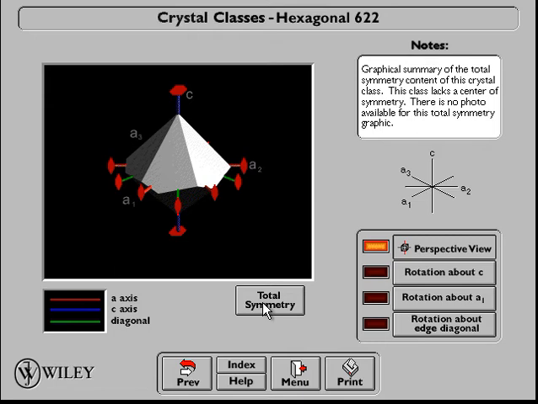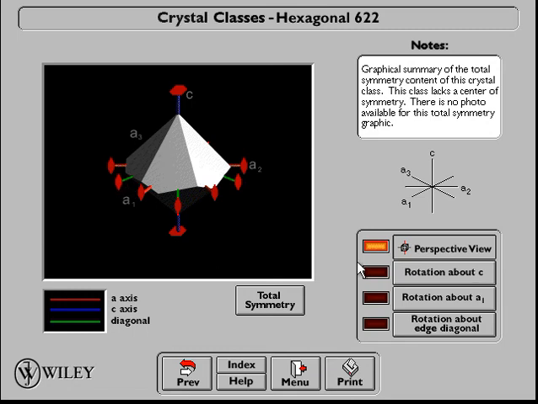The graphic of the total symmetry content of the crystal class: the class lacks a center of symmetry. There is no photo available for this total symmetry graphic. Here we have the 6-fold axis, and here we have twofold axes. I mean, that is one twofold, that is one twofold, that is one twofold.